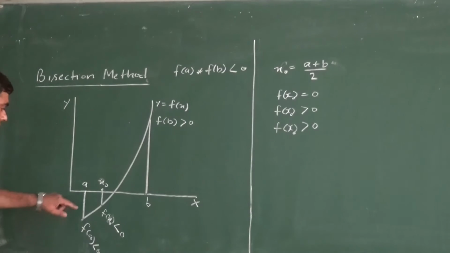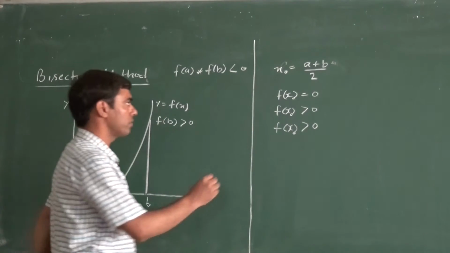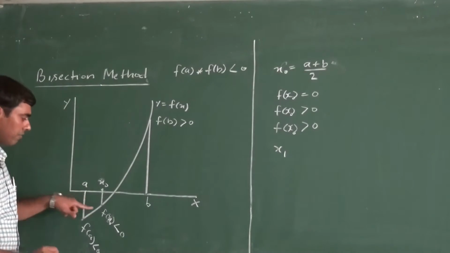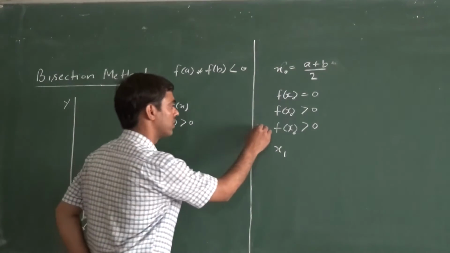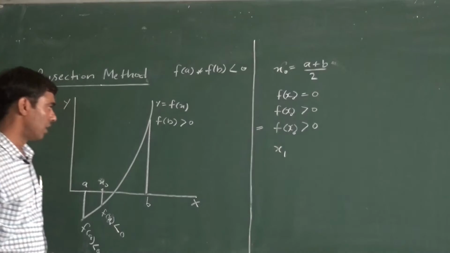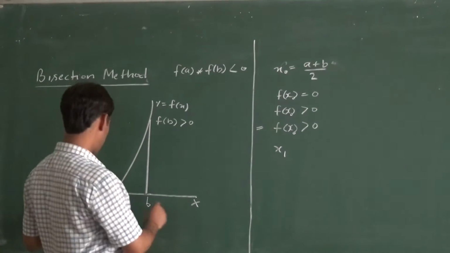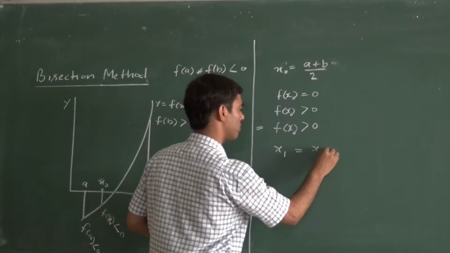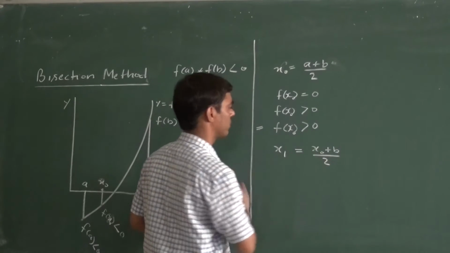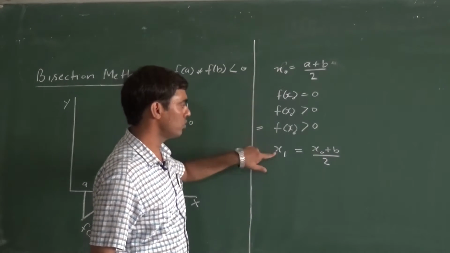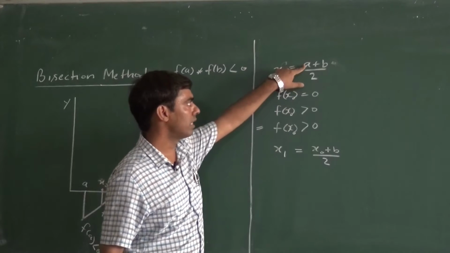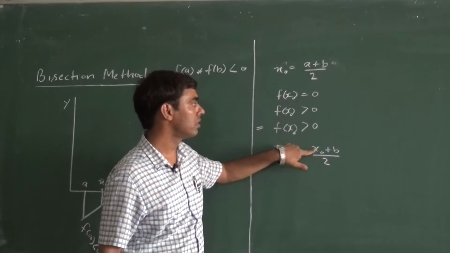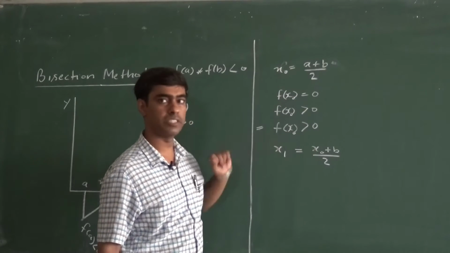Now how do we find the value of x1? In this case, if f(x0) is less than 0, x1 equals (x0 plus b) by 2. If we closely observe x0 and x1, what happens here? We interchange the value of a with x0.